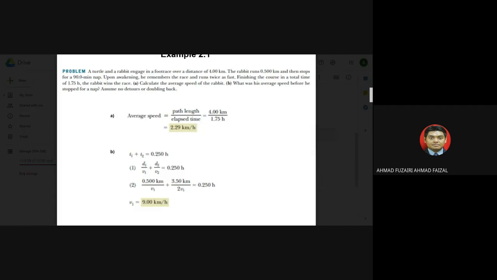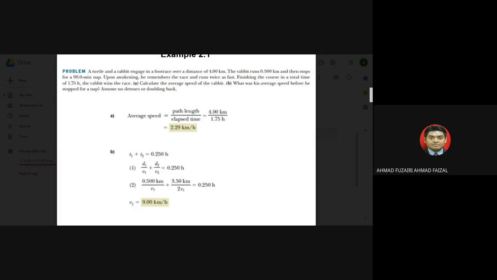Of course, in part B, what was his average speed before he stopped for a nap? Before he stopped for a nap, so at 0.5 kilometers.